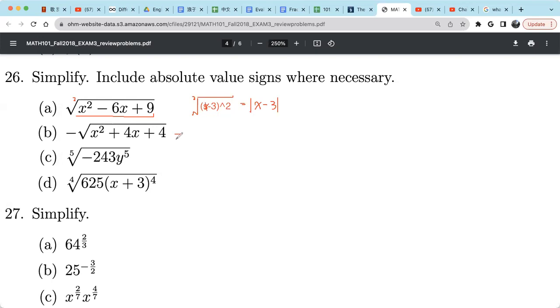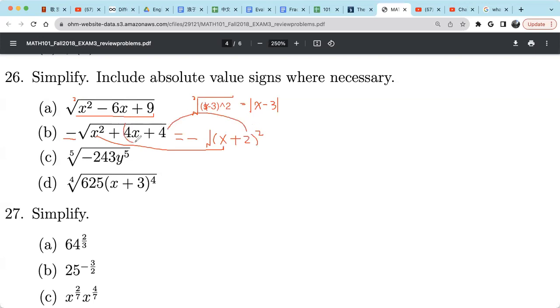Now let's see B. In B, the negative sign is not inside or involved with the radical expression, so we just carry on. Then we have the square root. If you recognize the inside, that's x plus 2 squared, a perfect square. Remember the perfect square formula? You square the first one, x, and get x squared. You square the last one, 2 squared is 4.